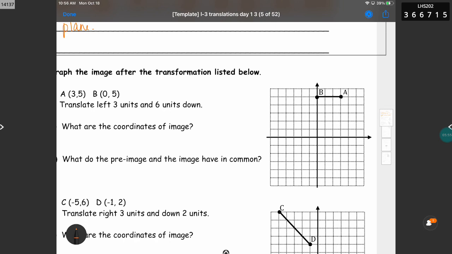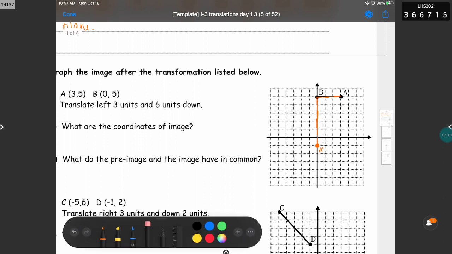Then I'm going to erase the lines once I get to my point. So from A, I'm going to move left 1, 2, 3, and then I'm going to move down 1, 2, 3, 4, 5, 6. And that's where I'm going to put my new point, and I'm going to mark that as A prime.